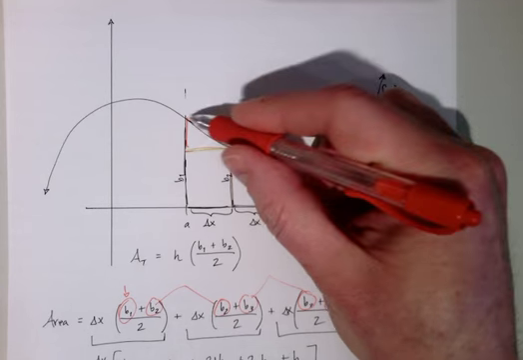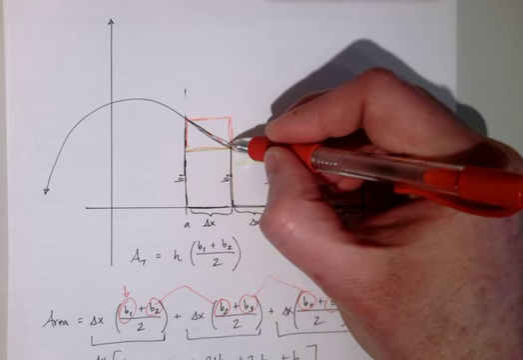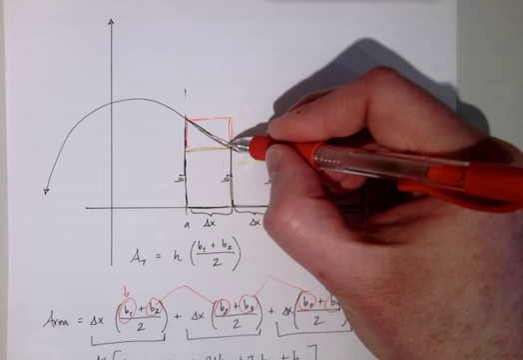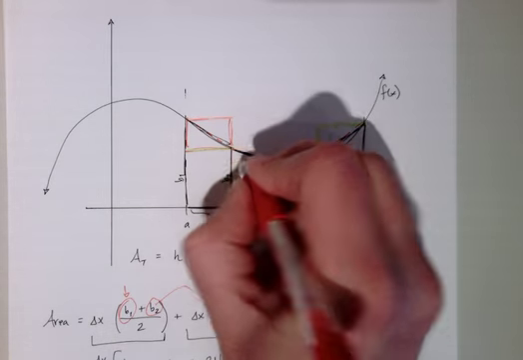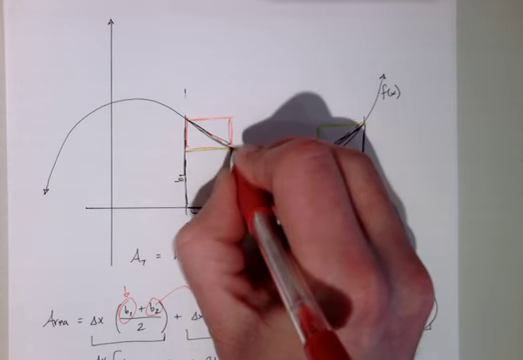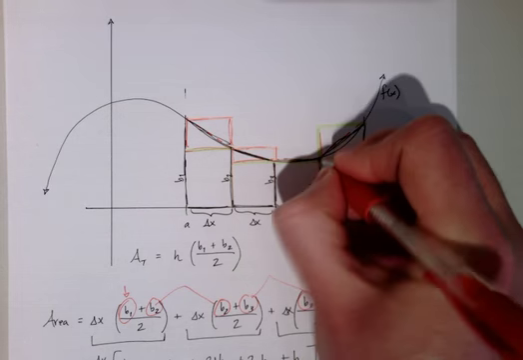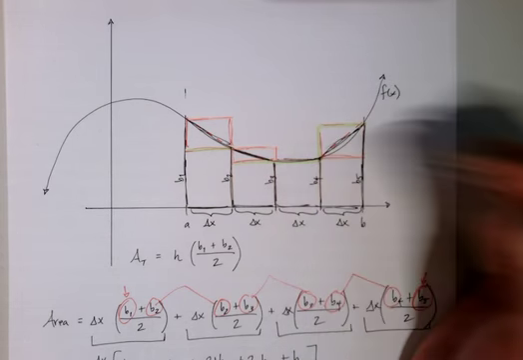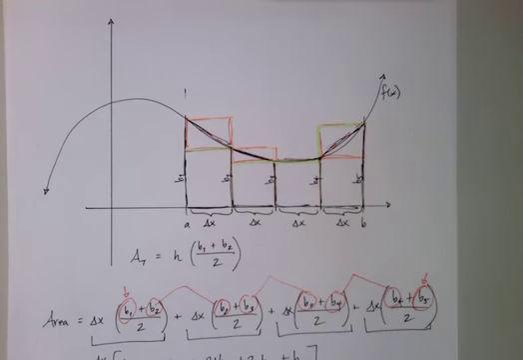Notice that the slant right here, which creates the trapezoid, cuts that thing in half. Notice it's the same for here. The trapezoidal slant actually cuts these in half. So if the difference between them is cut in half, am I not averaging the left hand and the right hand Riemann sum? Functionally, that seems to be what I'm doing.